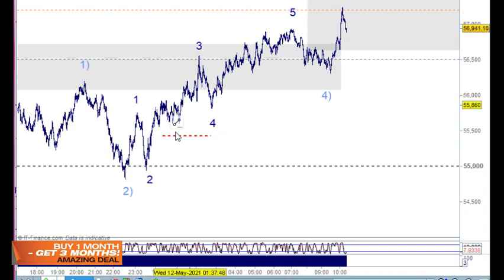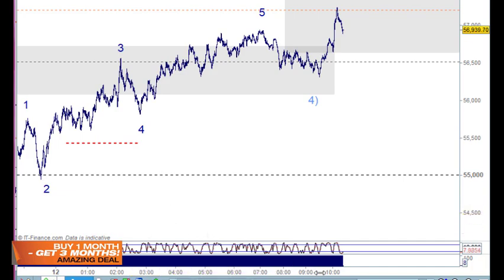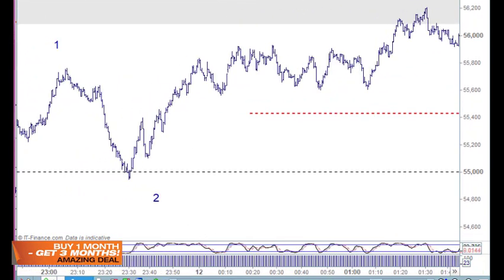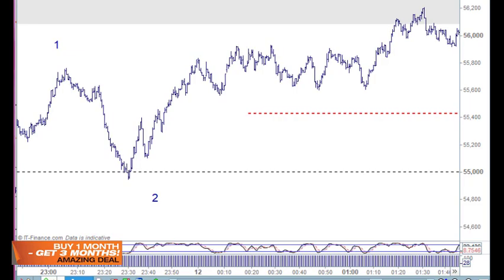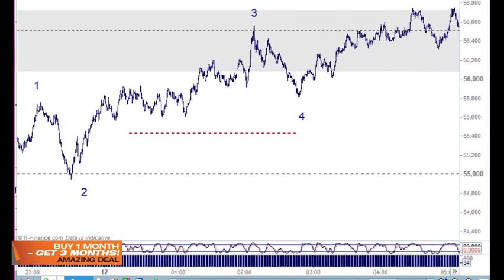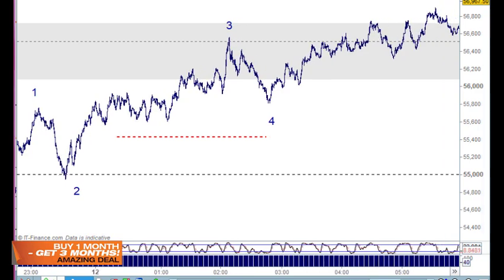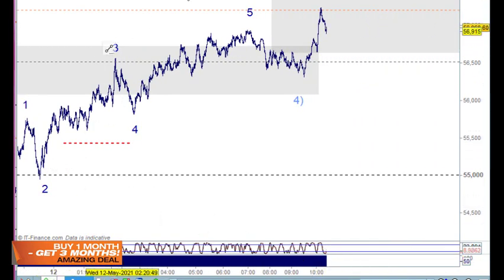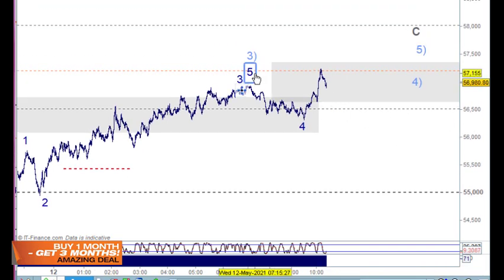I don't think that's the right count in here actually. It's like that's the third wave up here. So it's a bit more bullish than I thought.